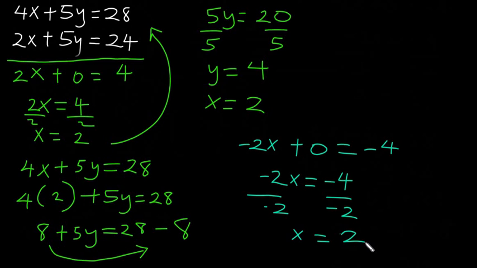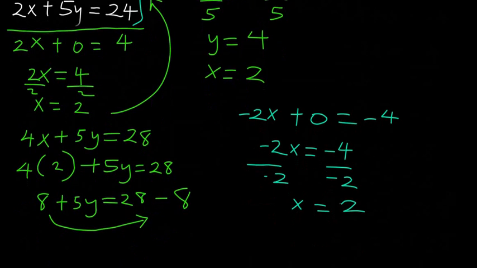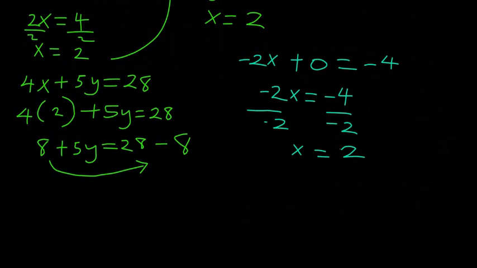So we can now replace it in any one of these two equations. We first replaced it in the first equation, so we are now going to replace it in the second equation, which is 2x plus 5y is equal to 24.